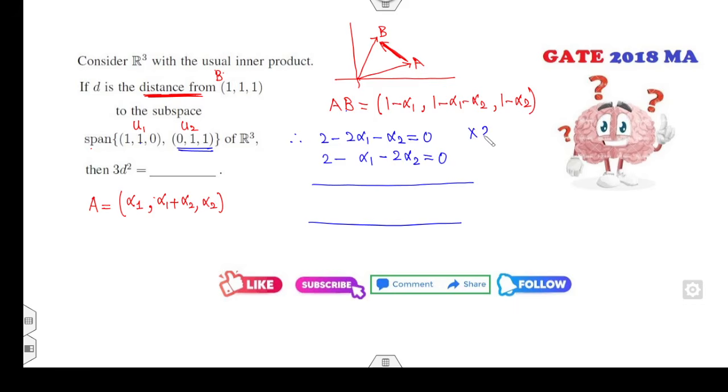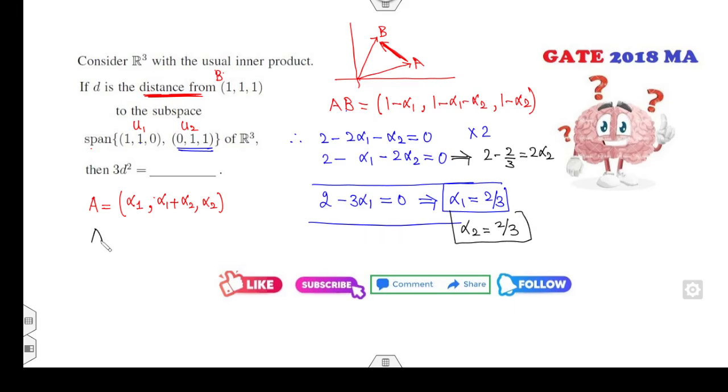I can multiply this equation by 2 and subtract them. 4 minus 2 is 2, 4 minus 1 is 3, equals 0. Which implies alpha 1 is 2 over 3. I can substitute the value of alpha 1 in the second equation. 2 minus 2 over 3 is equal to 2 alpha 2. That implies 6 minus 2 is 4, 4 by 2, so alpha 2 is 2 by 3.